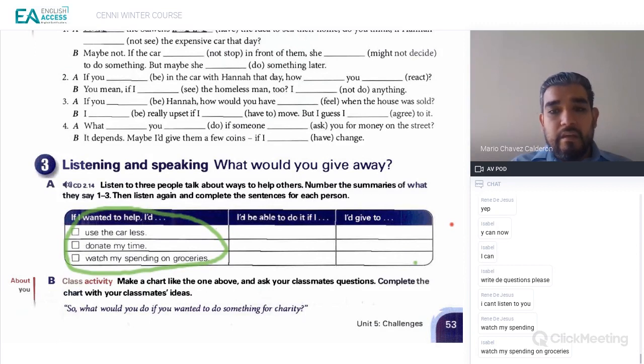Yes. And what would she do with her money that she saves? What would she do?